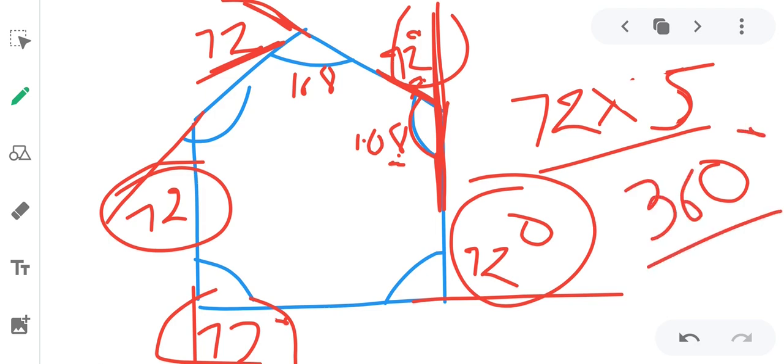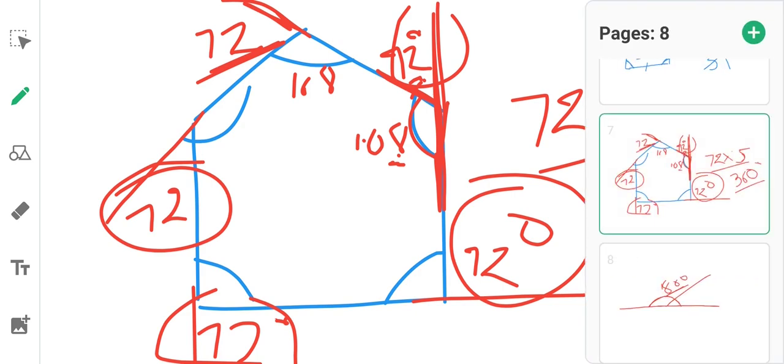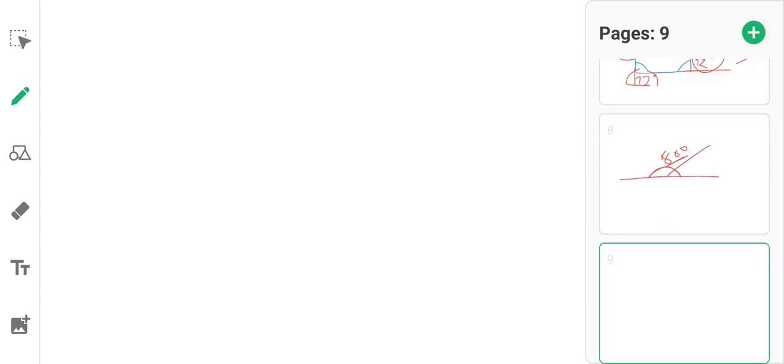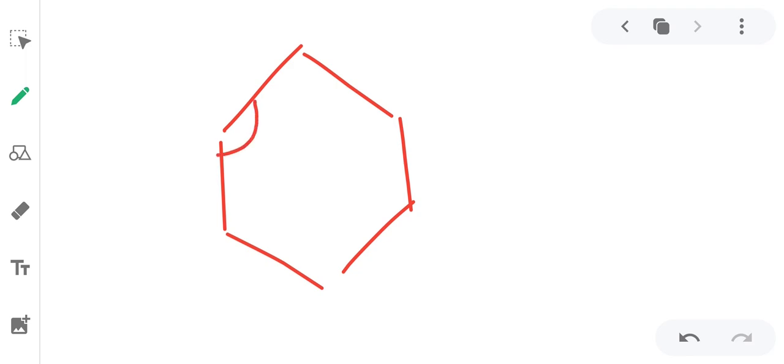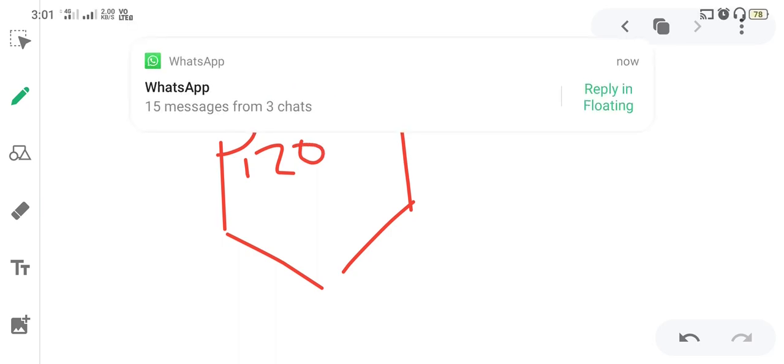So here we can say that the sum of the external angles of any polygon, be it a quadrilateral, a pentagon, or a hexagon. If we talk about the hexagon, I will draw the hexagon here. For example, this is a regular hexagon. The measure of each angle of a regular hexagon is 120 degrees.